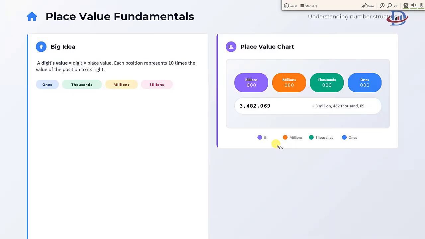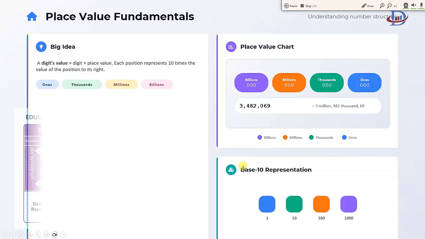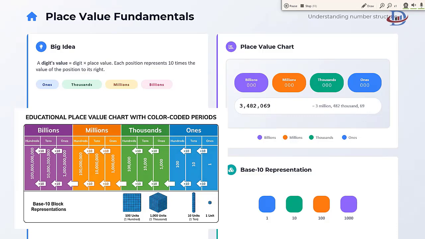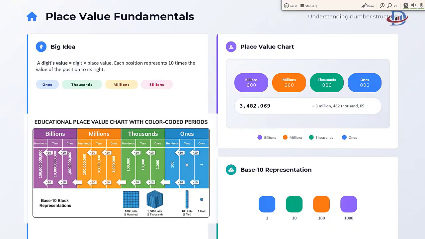Based on the concept which we have studied over here, I'm sure you will be able to find the digit value and the place value of any number.